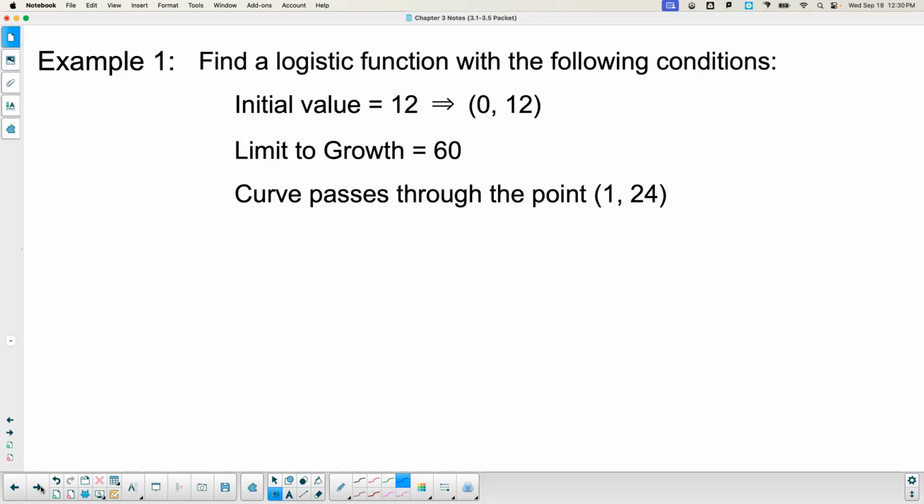It has a limit to growth of 60, and it passes through the point (1, 24). We want to come up with a logistic function.